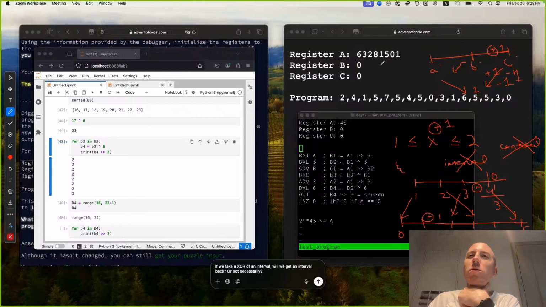So what about Zor with 2? Well, 2 is 10 in binary.